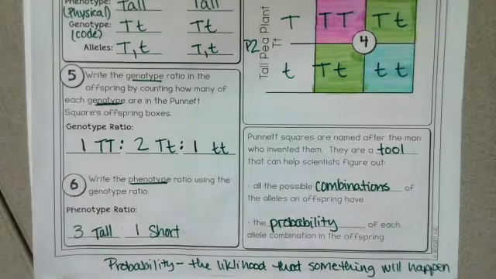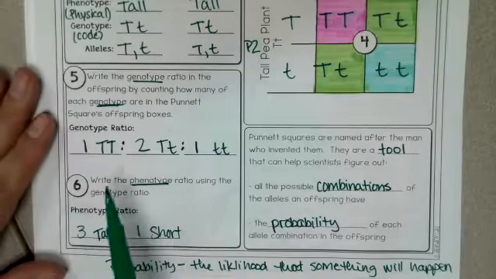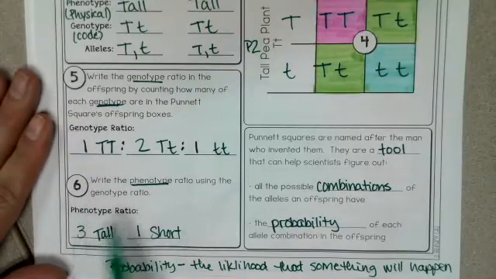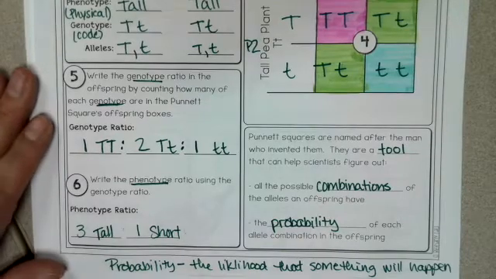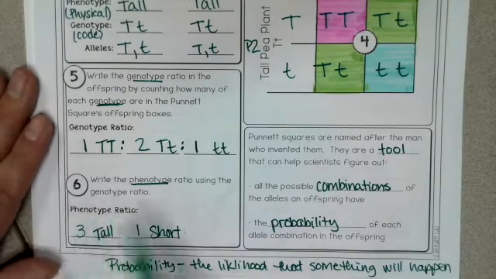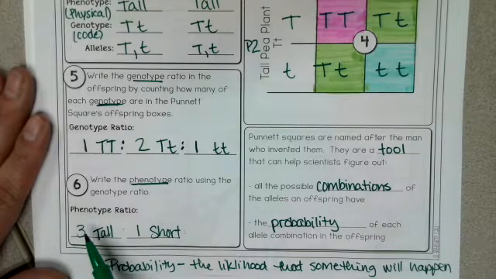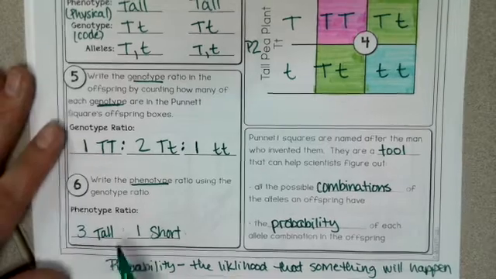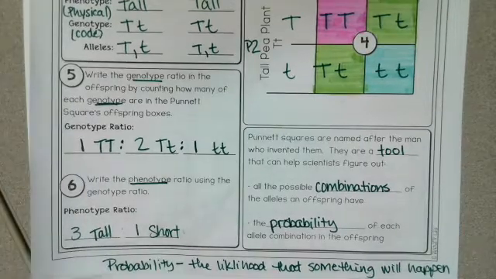Okay, so probability is the likelihood that something will happen. So if we're using this as our example, we will see that, again, for every 3 tall babies, we will only ever see 1 short baby. If we were to put that into percent, right, we have 4 total babies, which means that 75% of our babies would be tall and only 25% would be short, okay?